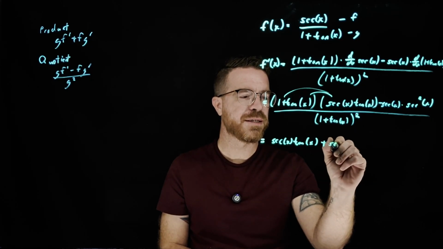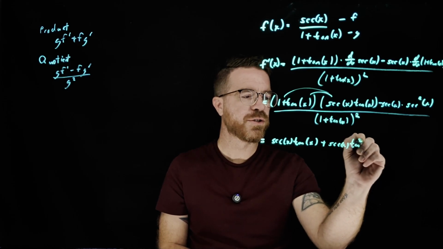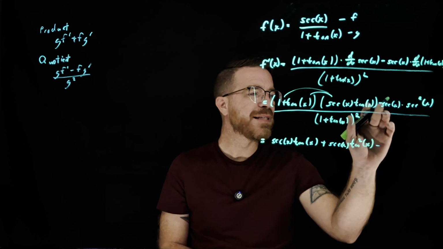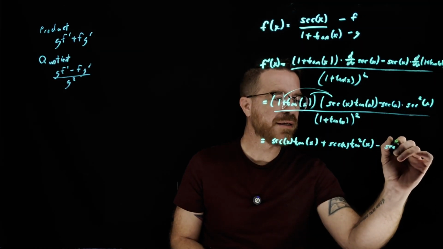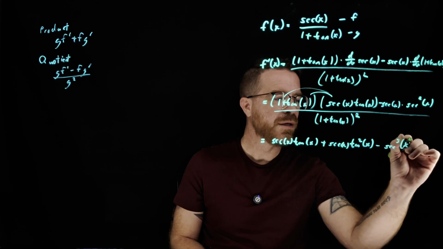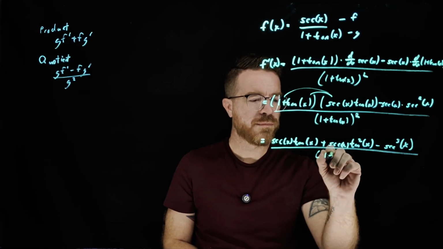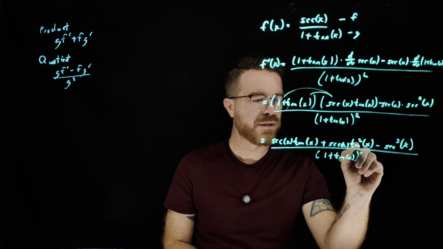So this is going to be secant x tangent squared of x minus secant x times secant squared of x, which is going to be secant cubed x, divided by (1 plus tangent of x) squared.